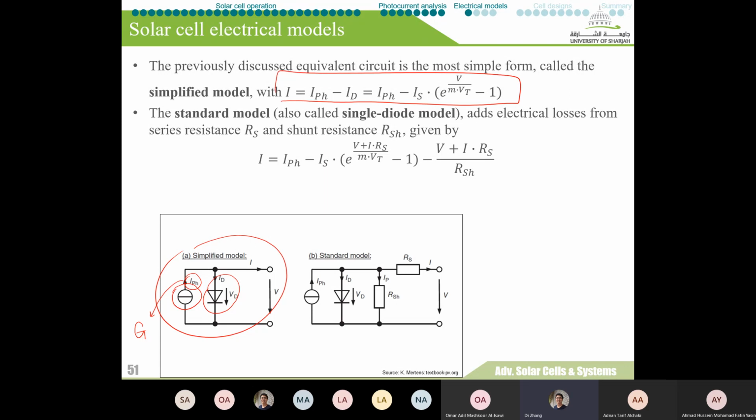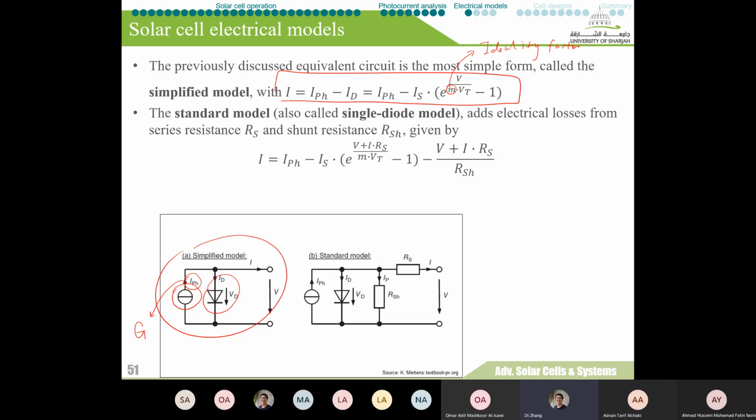We also said that for the semiconductor diode, typically we have to add a modification, that is the ideality factor. This represents some phenomena inside the PN junction. And in solar PV, we also said that the simplified model is sometimes too simplified.